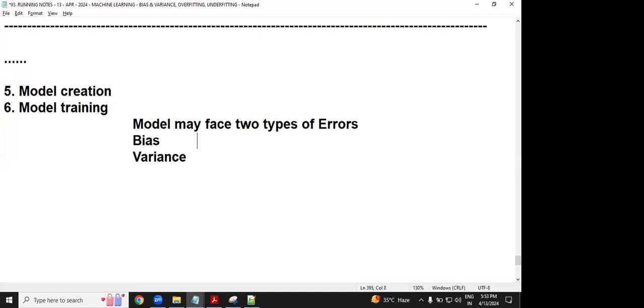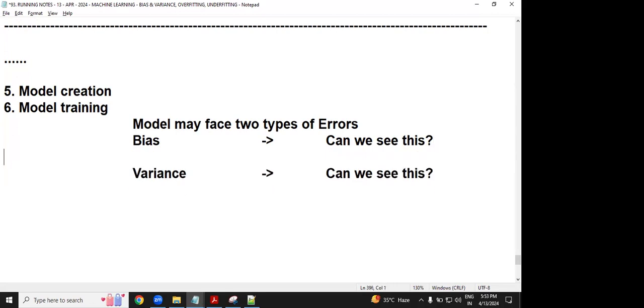Hello, Daniel. Can we see this? Yeah, we can see. Can we see this actually? How to see? I'm going to write an example. Did you understand what I'm doing actually? I need a response, man. Good. Let me show you.